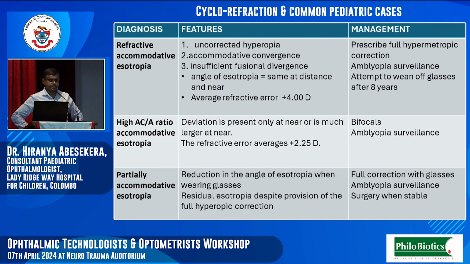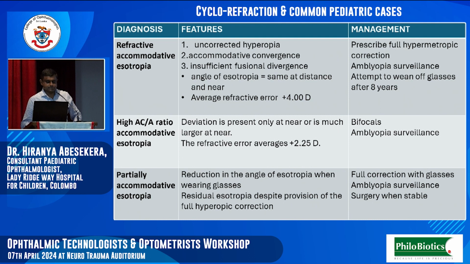Of course, refractive accommodative esotropia, right? The underlying problem is uncorrected hypermetropia. So the child needs hypermetropic correction. Their refractive error is much higher. High AC/A ratio accommodative esotropes, their refractive error is much lower. So refractive accommodative esotropes need single vision hypermetropic glasses, and we try to wean the power off over the years.